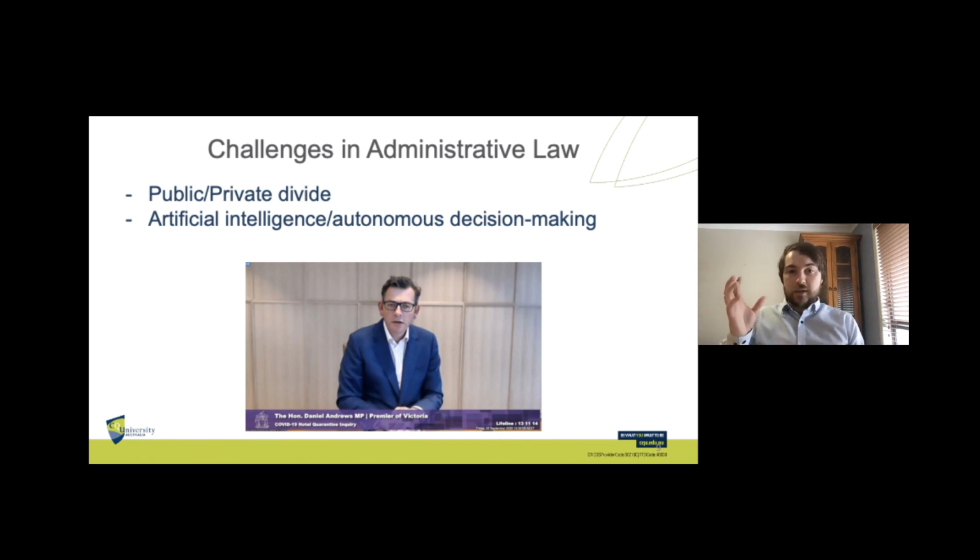But rather than using the police as a public institution to enforce that quarantine, they hired out private security companies to enforce that. And there were a lot of problems with that in terms of lax security and a whole range of things. It's a really interesting administrative problem because it raises this question about how much responsibility the government has for those mistakes.